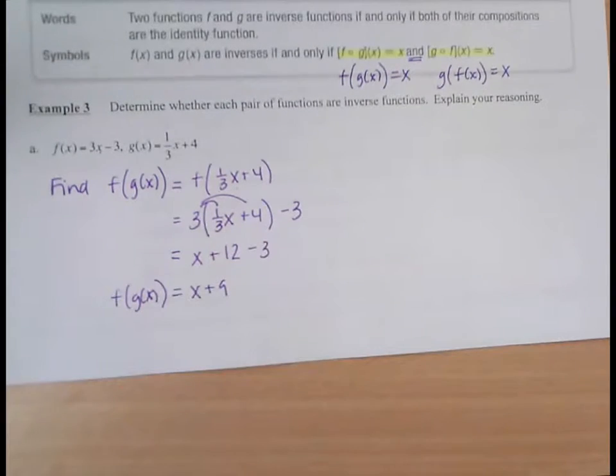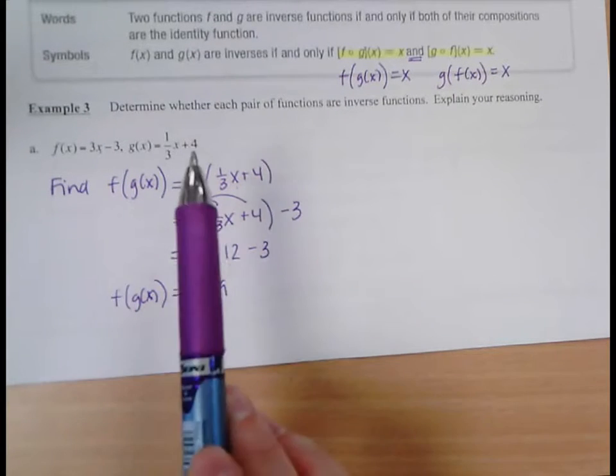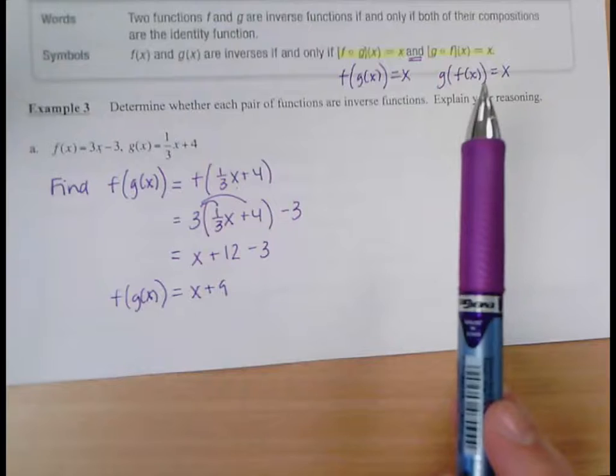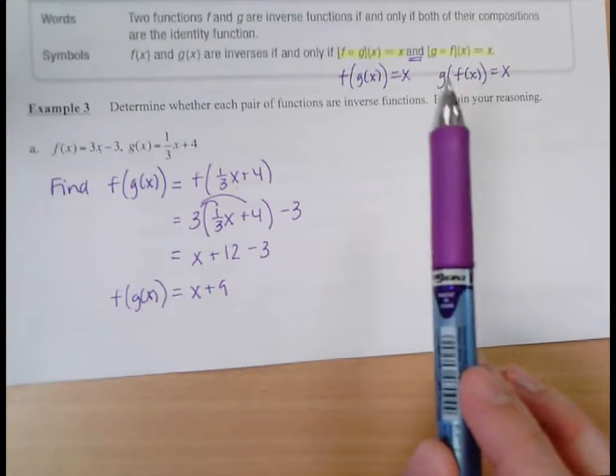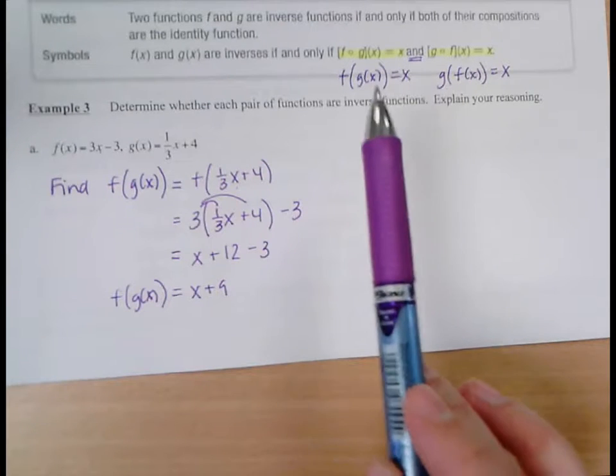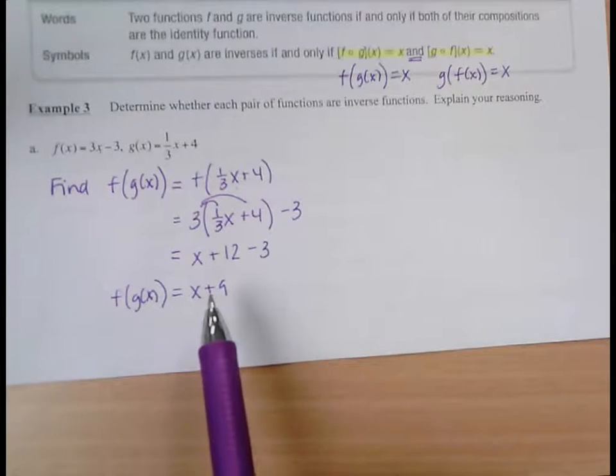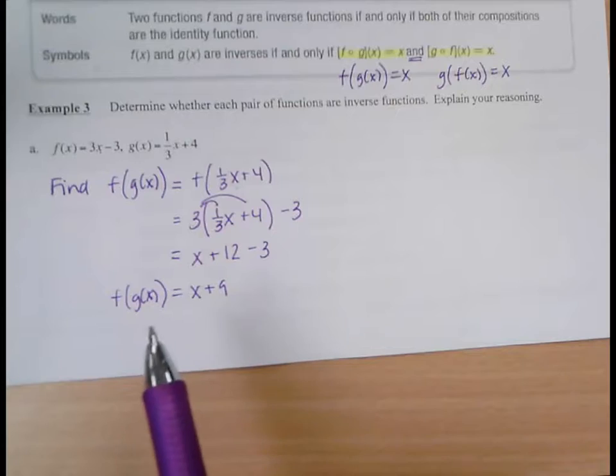And for this problem, then, I can stop here. Because in order for these two functions to be inverses, both compositions have to equal x. So I don't even need to find g of f because f of g of x is already not equal to x. It's equal to x plus 9.